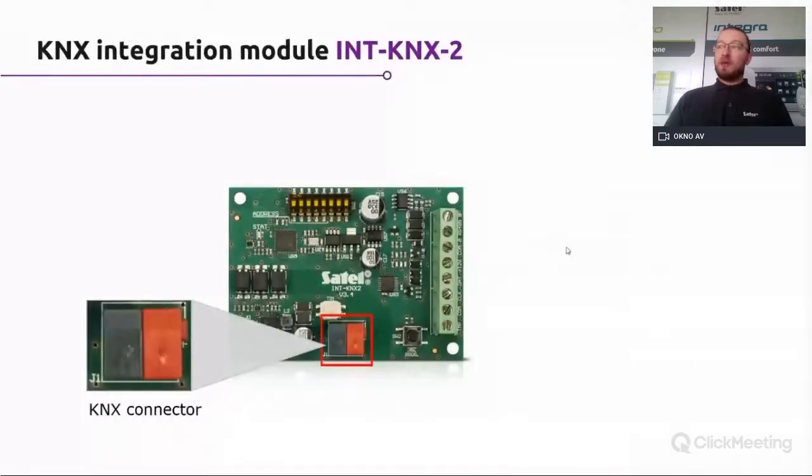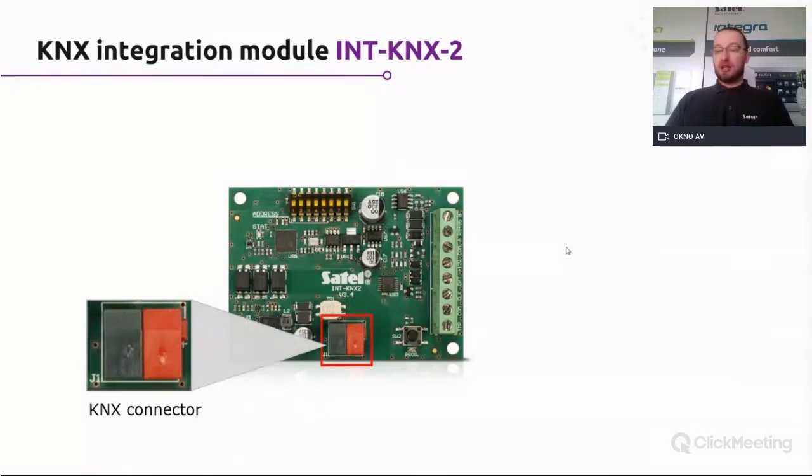But all this functionality, at least with the integration with KNX, is because of one small device, the INT-KNX-2. So a little bit more about this small device. First of all, at the bottom you have the KNX connector.